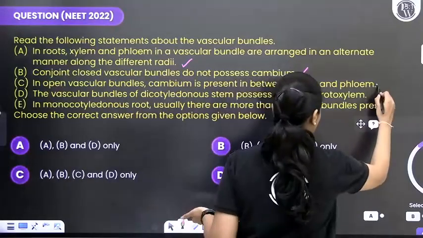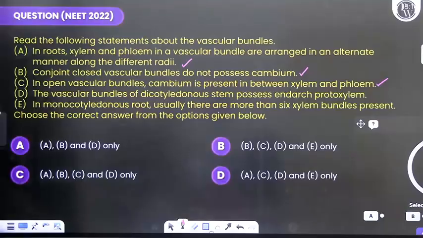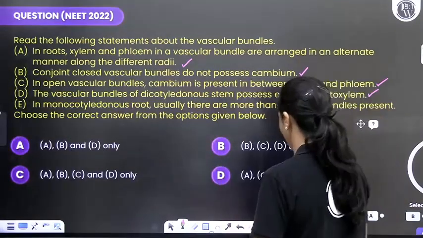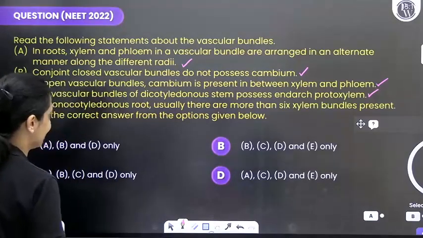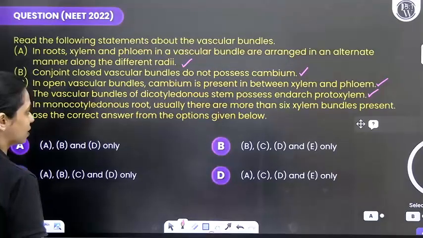That is also correct. Vascular bundles of dicot stem possess endarch protoxylem. Yes, that is also correct. Everything is correct or what? In monocot roots, usually there are more than 6 xylem bundles present.